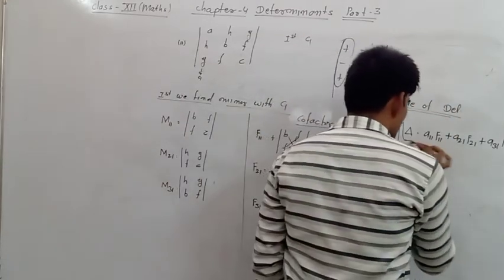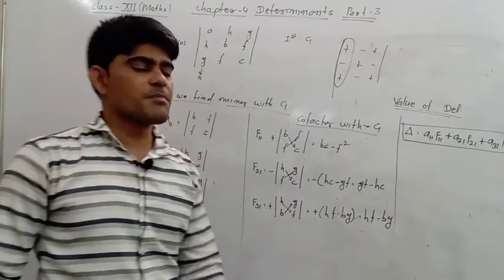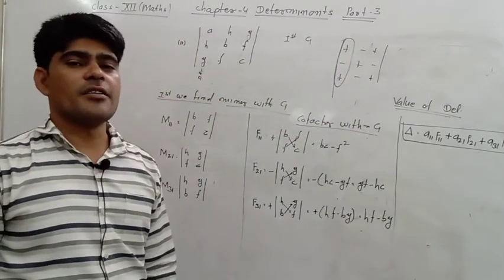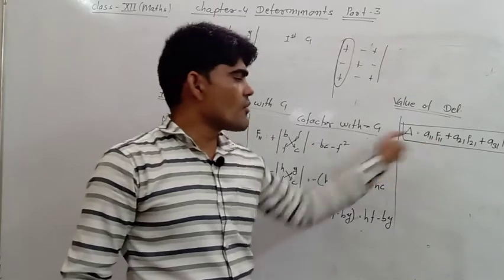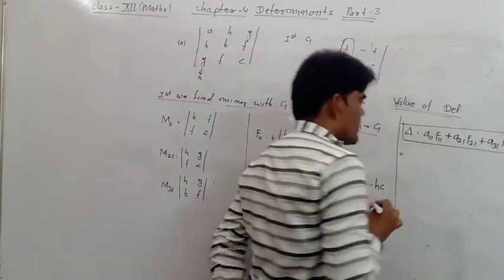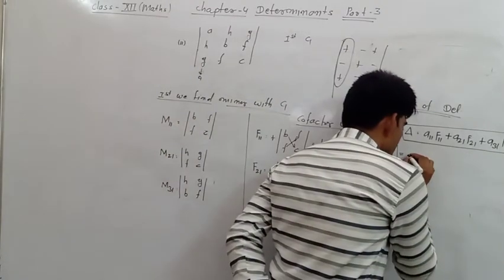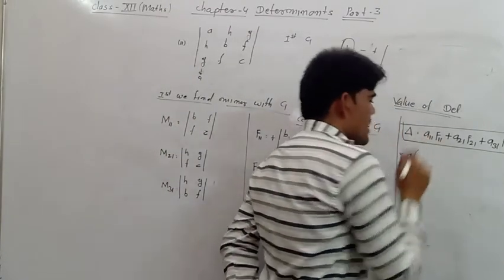This is the formula for the first column. Put the value of the cofactor and element. A11 is A, so we put A bracket F11.